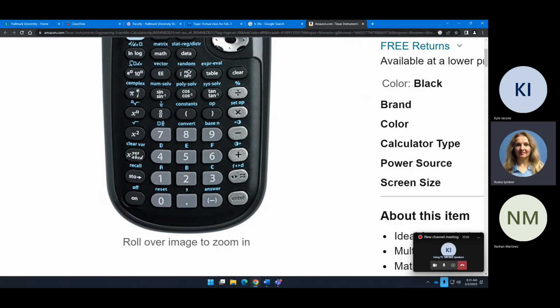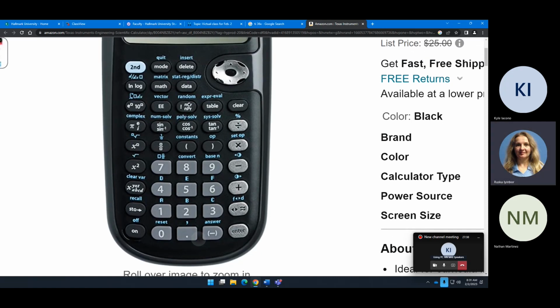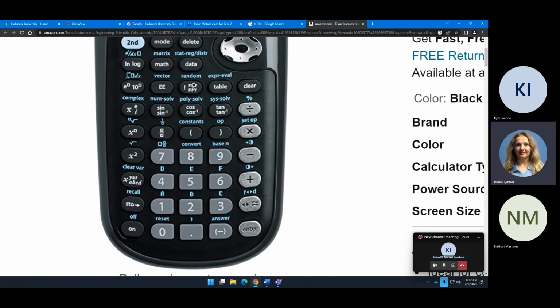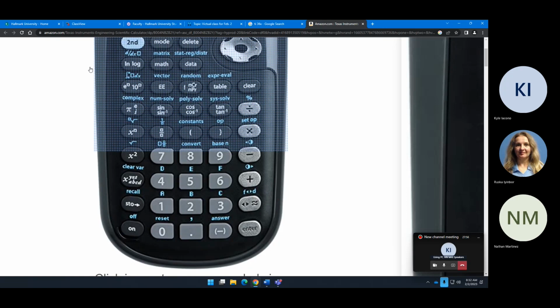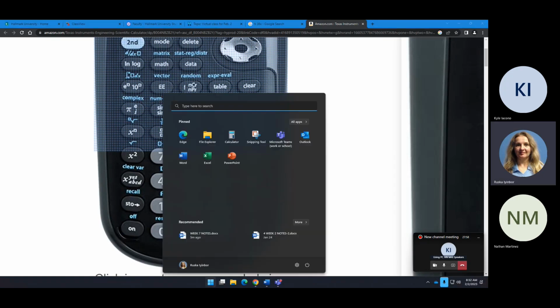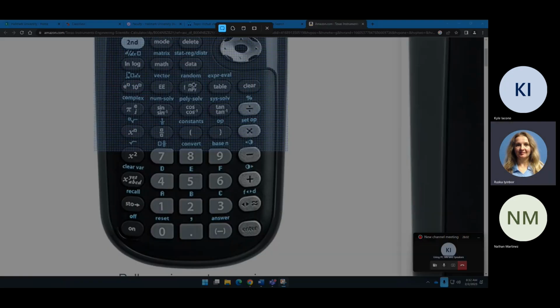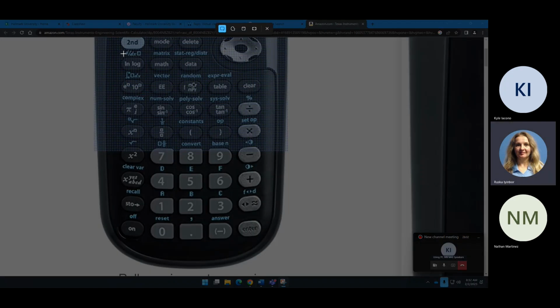The factorial is right above cosine. You see cosine where you solve the quadratic? It's in the middle, right below data. Everybody see that? So you press negative 5 factorial, enter, and you're going to see the answer. Got it? Yes, that's right. The negative 120 is the answer.